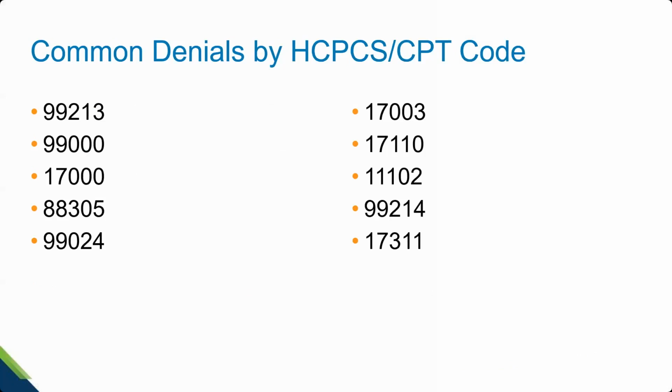Another thing that might apply here would be maybe you billed it for a managed care beneficiary. Maybe it's a duplicate. Maybe this was denied because it's not covered when performed, referred, or ordered by this particular provider. So different reasons could apply to the denials we're seeing for that code.